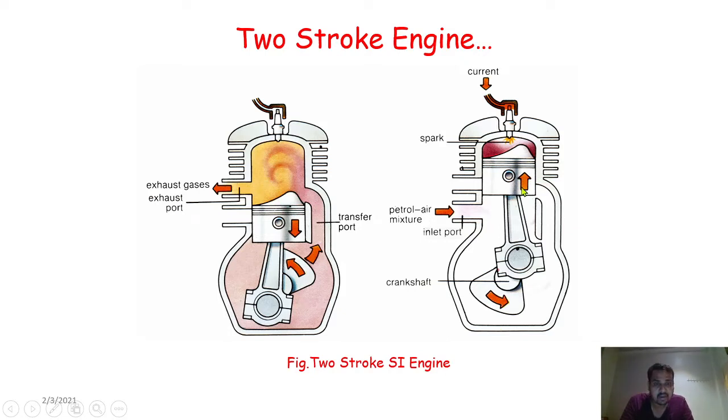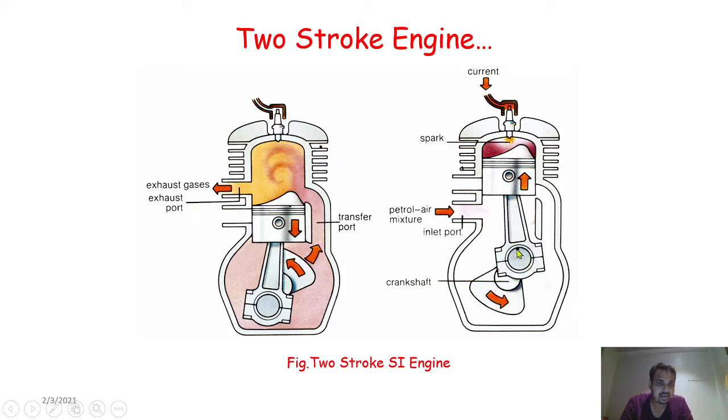Please concentrate. A vacuum is created below the piston, inside the crankcase. Please remember whatever I am telling right now; this is a very important concept. During the piston's movement from BDC to TDC, through the inlet port, the air and fuel mixture will come inside the crankcase below the piston surface.